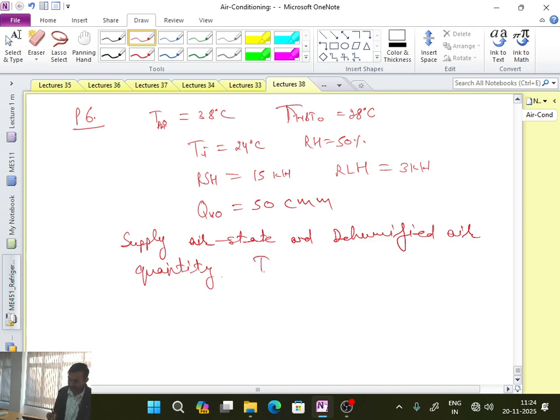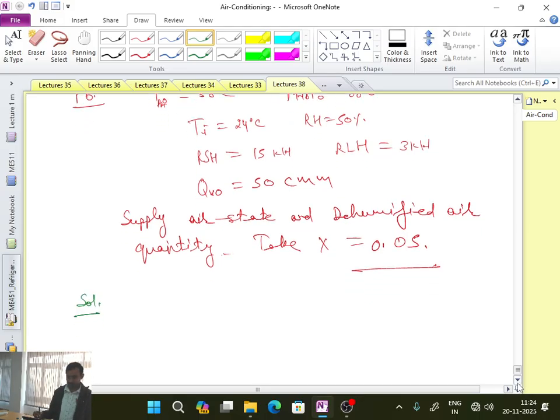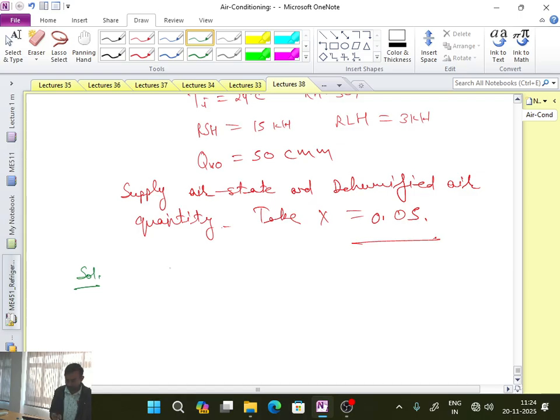It is also given in the question that we can consider X equal to 0.05. Okay. Now what will be the first step? Please tell me. W0 and Wi. So how much is Wi?